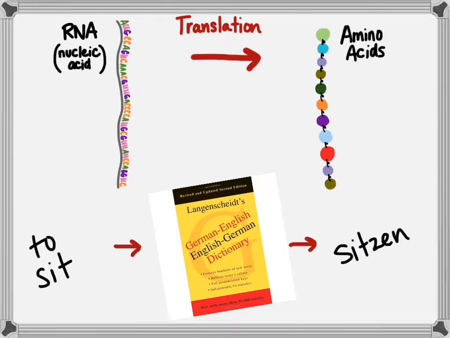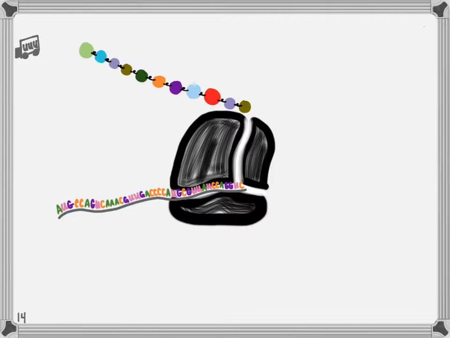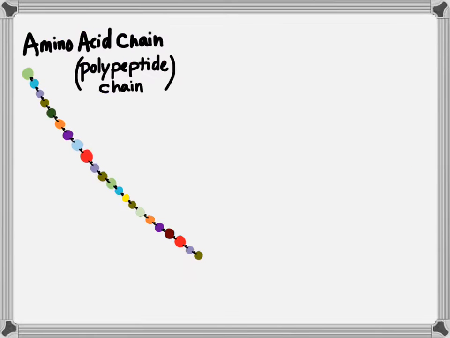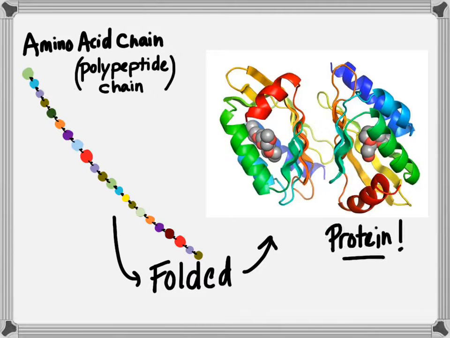This is just like if you take a word in one language and use a dictionary to translate it into a different language. Once it's complete, the amino acid chain is released, and it's sent off to be folded correctly in order to perform its job. The mRNA will be recycled, and the ribosome is ready to accept a new piece of code. Once that amino acid chain, or polypeptide chain, gets folded, and man does it get folded, it's now a protein.